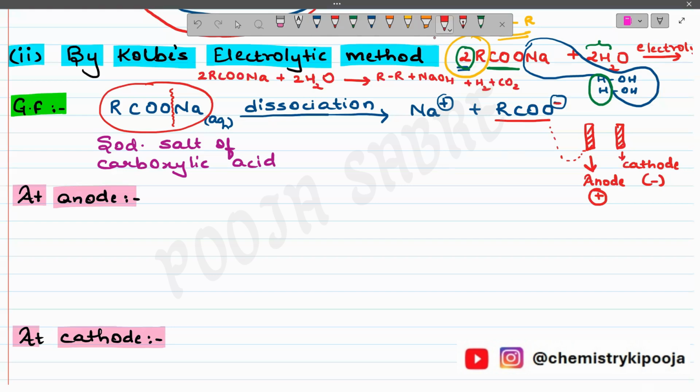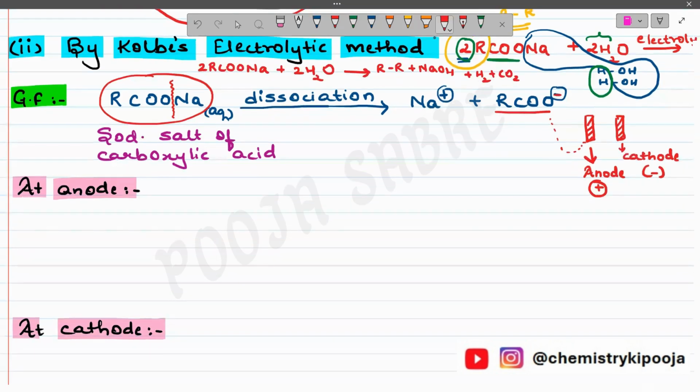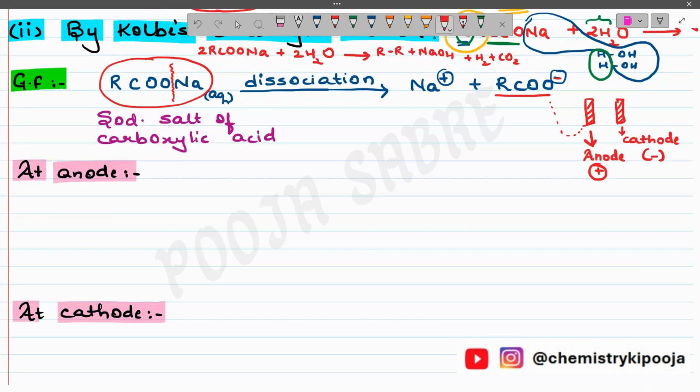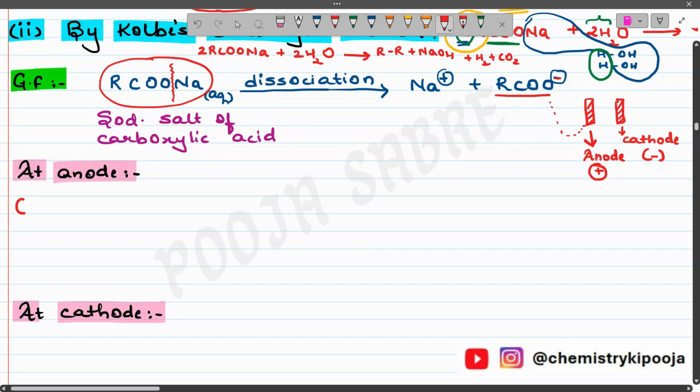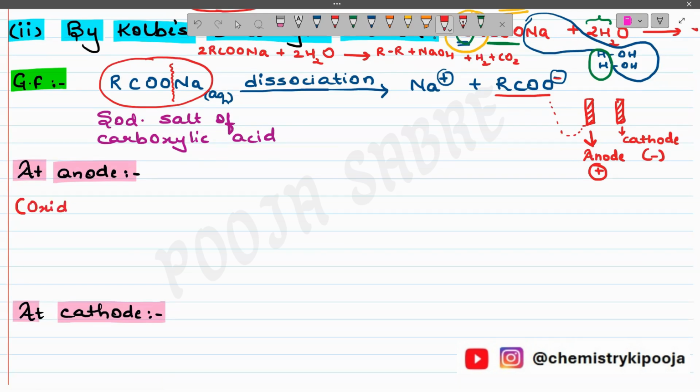Okay, this is the general reaction. Now, as I said, anions will go towards the anode. So at the anode, no matter what charge it has, always remember oxidation will take place. Always and always oxidation takes place at the anode. And oxidation is nothing but loss of electrons.